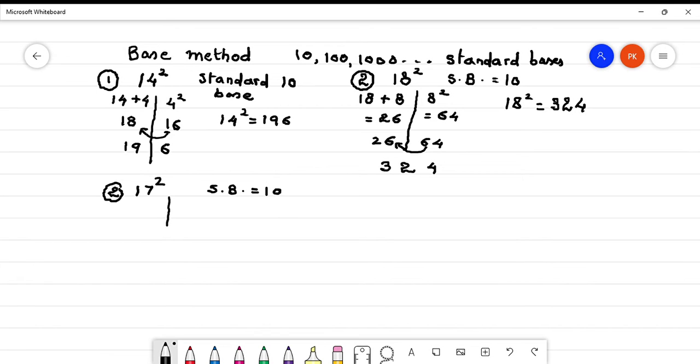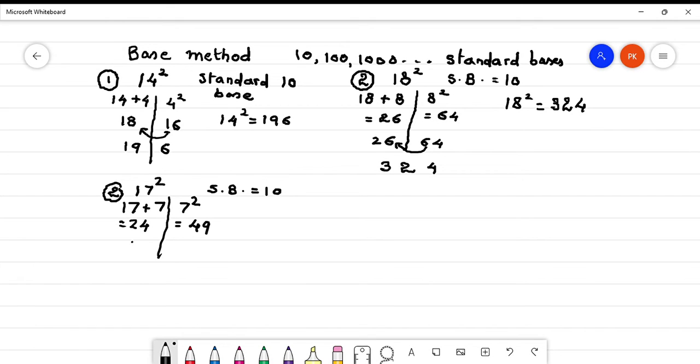So on the right hand side, square 7, that is 49. On the left hand side, 17 plus the excess number over the base, which is 7. 17 plus 7, 24.